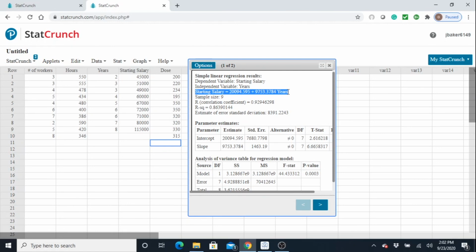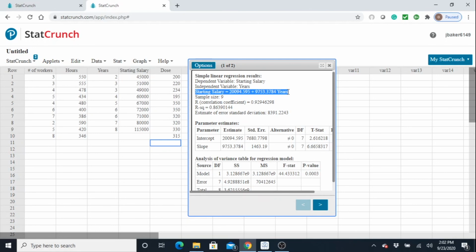Okay, so now, create a least squares regression line to predict the data to the right. This is the dosage and the weight. So once again, I'm going to go back to my StatCrunch, minimize this one, and go back to simple linear.